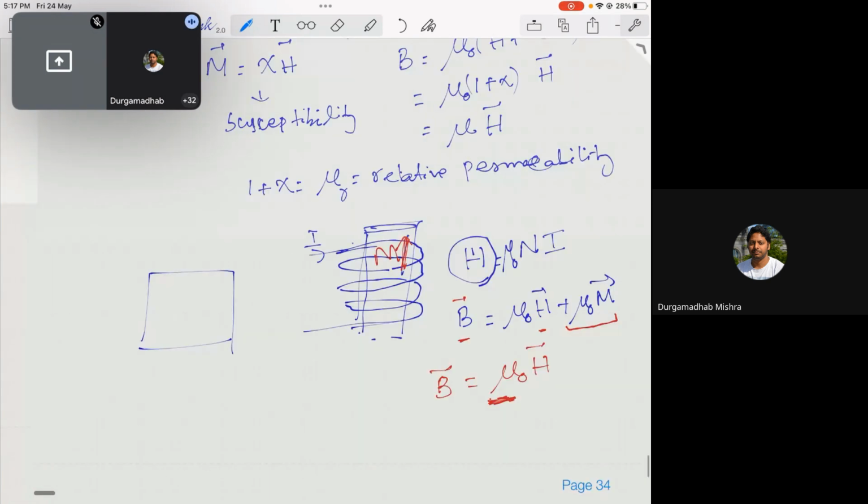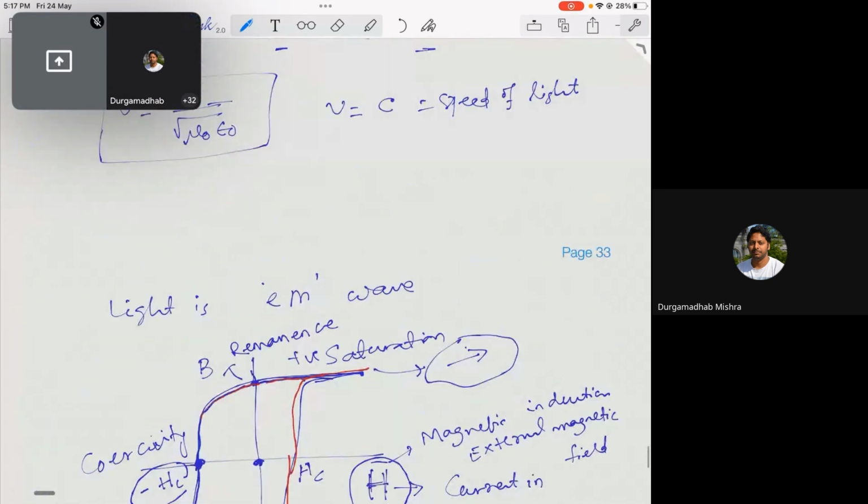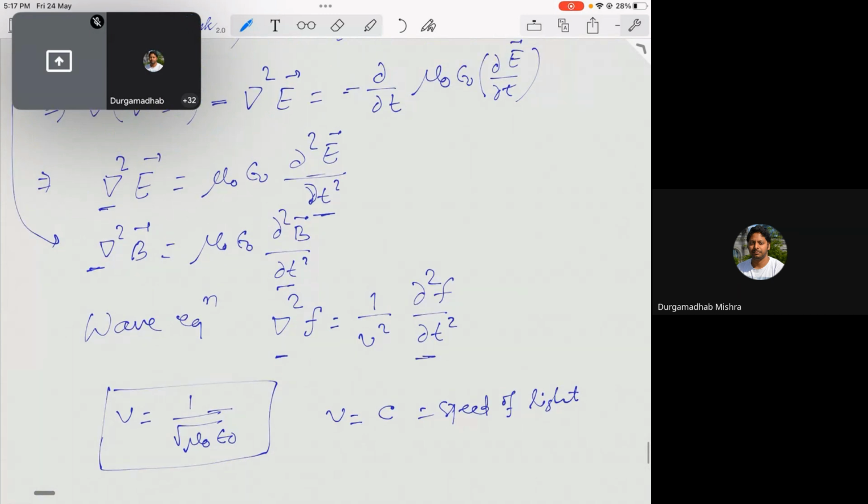We wrote the wave equation here: del square E is equal to mu naught epsilon naught del square E by del T square, or del square B is equal to mu naught epsilon naught del square B by del T square. So we write a wave equation, and you will find a solution. There can be several solutions for this electric field or magnetic field, because it is a mathematical equation, so you can have several solutions to it.